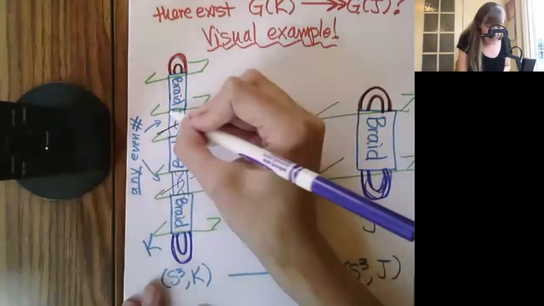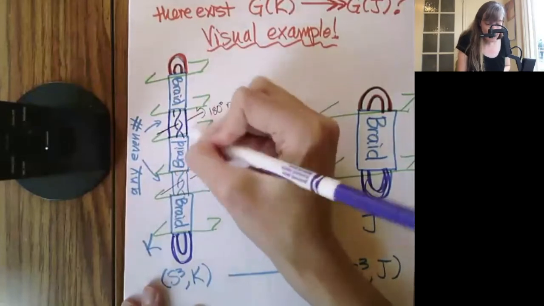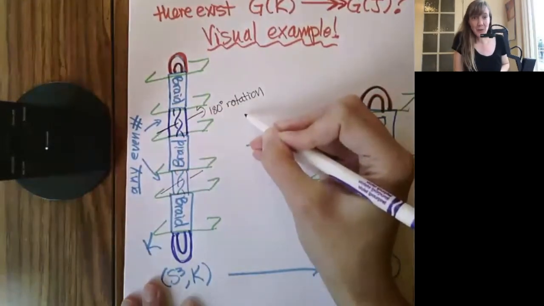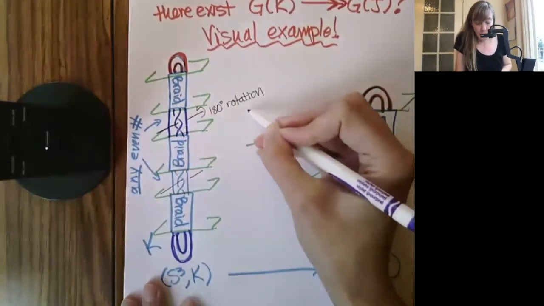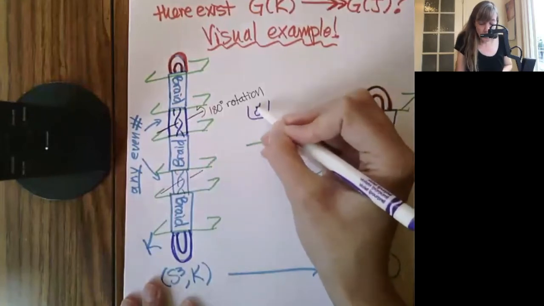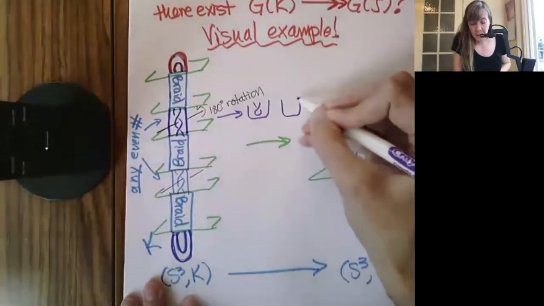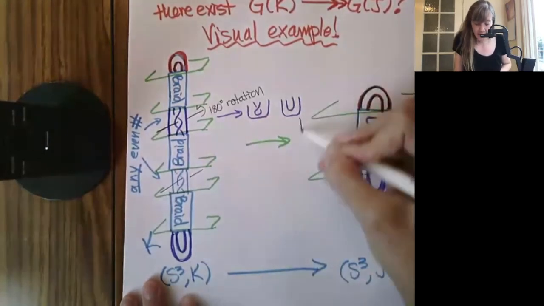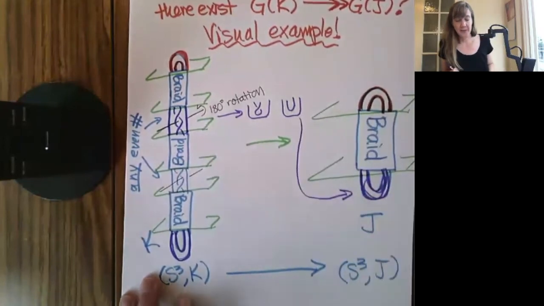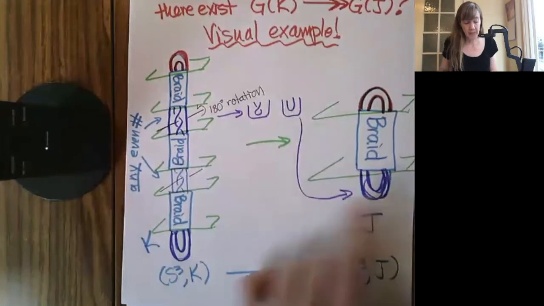All right, so let's imagine these purple lines. What happens when we do that 180-degree rotation to those purple lines? What will happen in the end will look something like this, which can be isotoped to look like this, and so can map down to this domain.